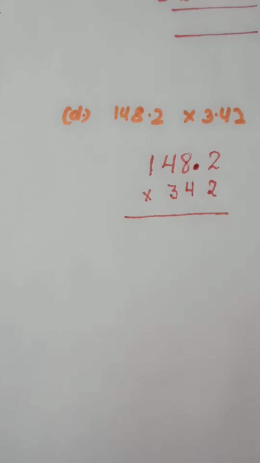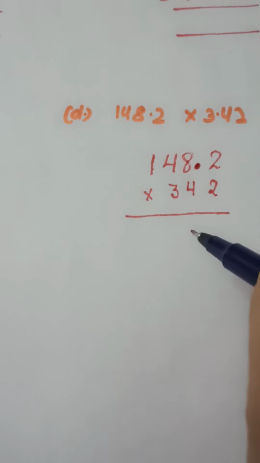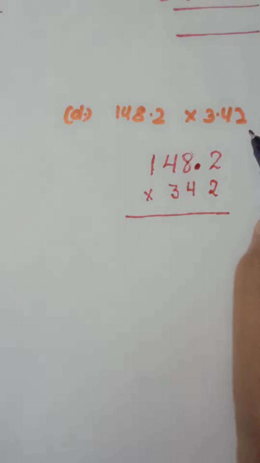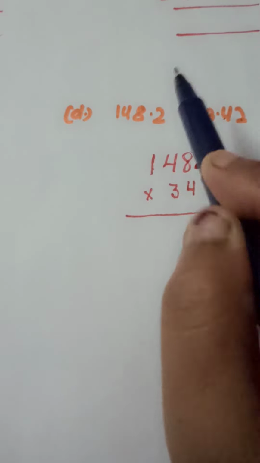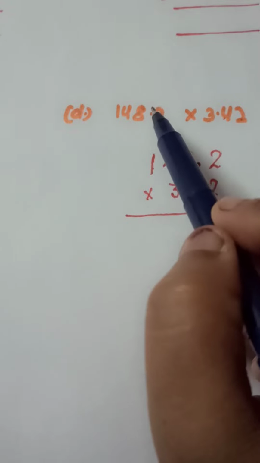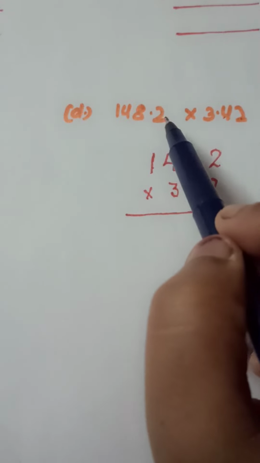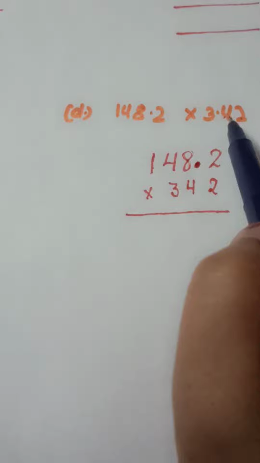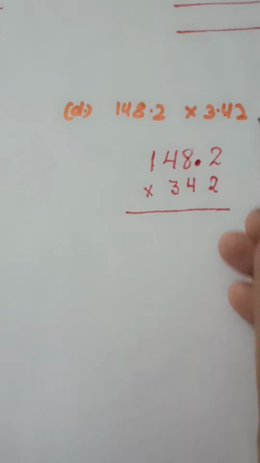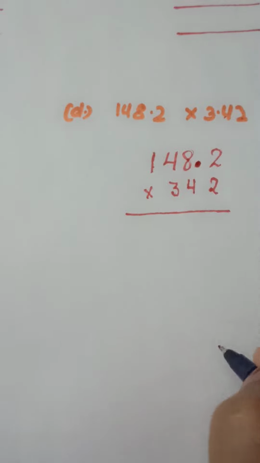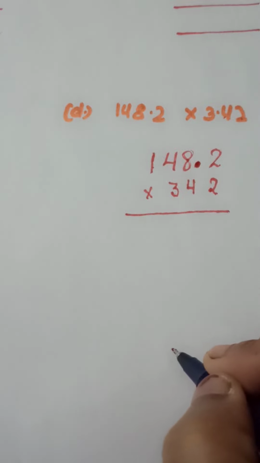And the question over here is, after how many digits in the answer we will place the decimal. After 2 digits we have a decimal over here, and over here we have it after 1 digit. So altogether it has become 3 digits. So it means after 3 digits, whatever answer we obtain, we will place the decimal after 3 digits.